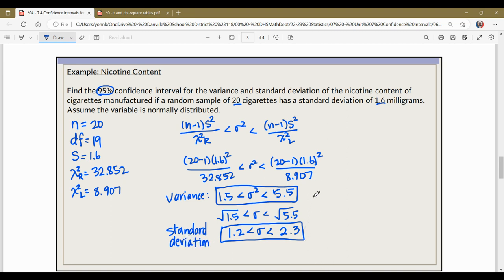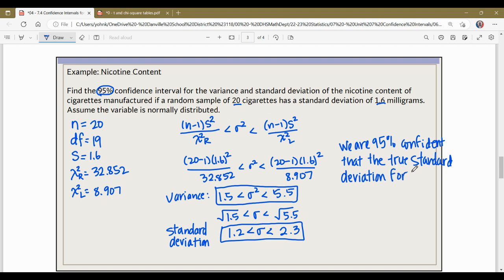All right, so this confidence interval means that we are 95% confident that the true standard deviation for the nicotine content is between 1.2 and 2.3.